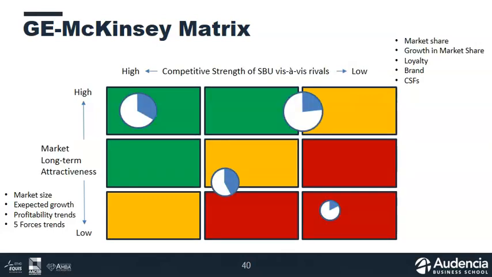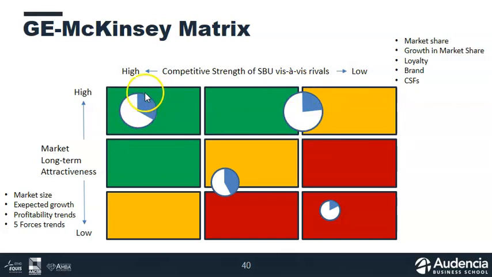So let's say we've got a situation like this. We've got 4 business units, and the size of each circle represents the market potential, and the size of the pie, the blue part, represents my market share. So here I've got 2 big markets.